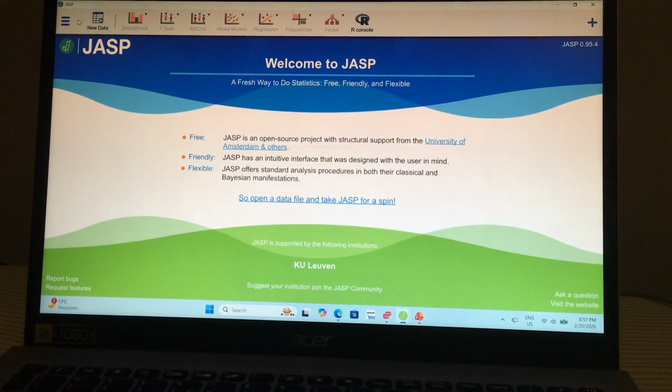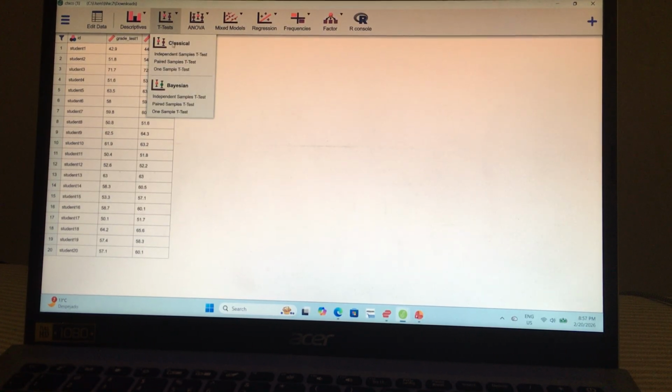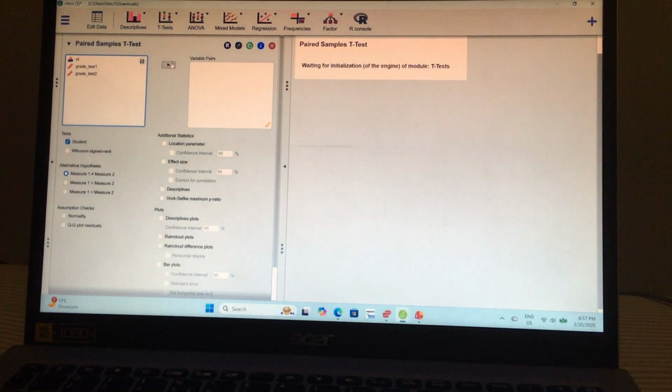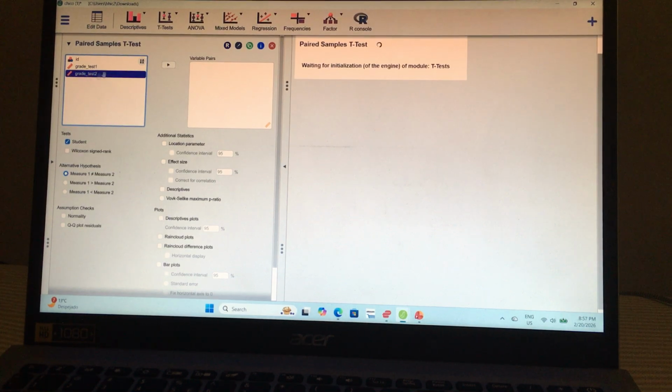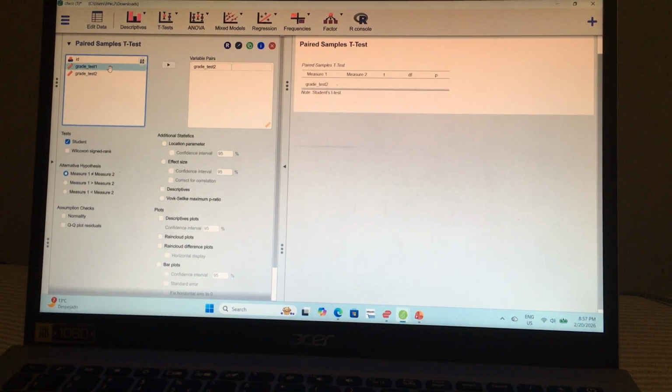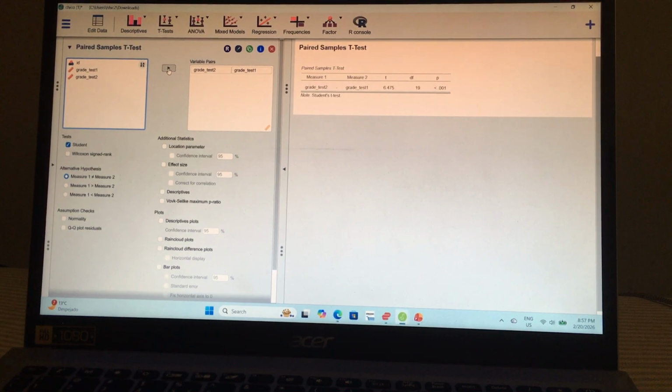All right, so we opened it and there it is. And now we're going to go under t-test and we're going to do the paired samples t-test. We're going to move our grade 2 and our grade 1 to the variables box in that order. And then our software is going to compute the difference.